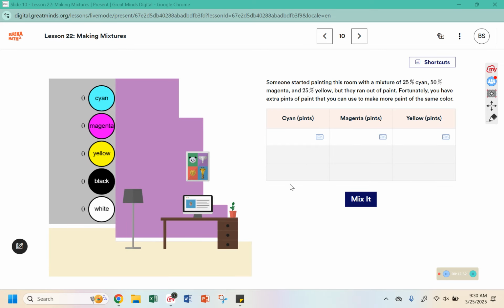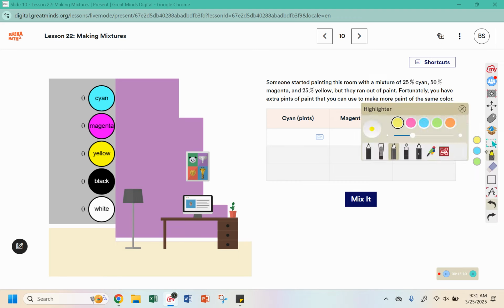Someone started painting this room with a mixture of 25% cyan, 50% magenta, and 25% yellow, but they ran out of paint. Fortunately, you have extra pints of paint that you can use to make more paint of the same color.